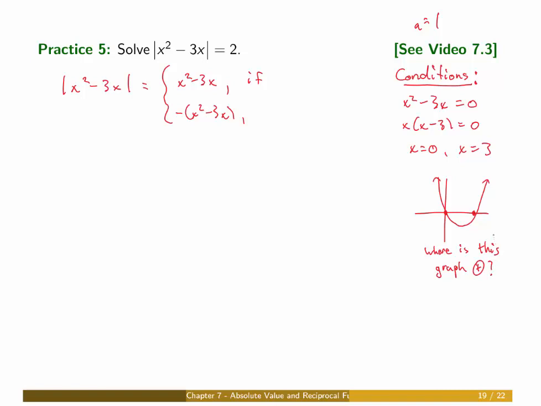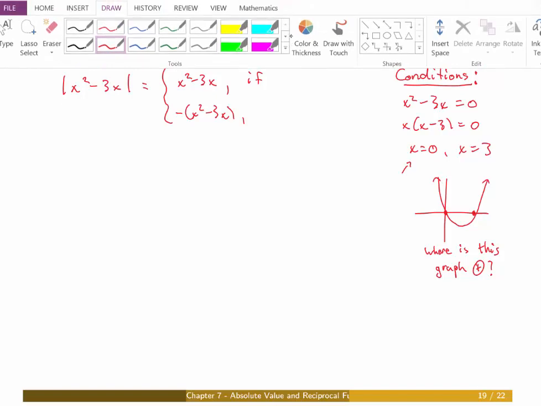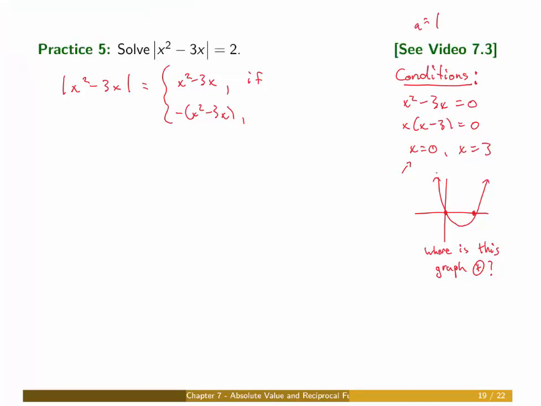However, you can do this by plugging in values. For instance, you can plug in values less than 0 and see what happens. Say you plug in negative 1, you're going to get a positive number: negative 1 squared minus 3 times negative 1. Here's the power of graphing, because you know right here this is going to give you 4. That's a positive value.